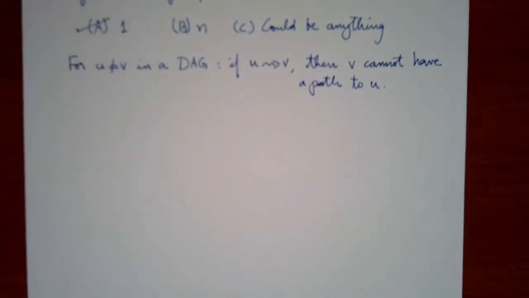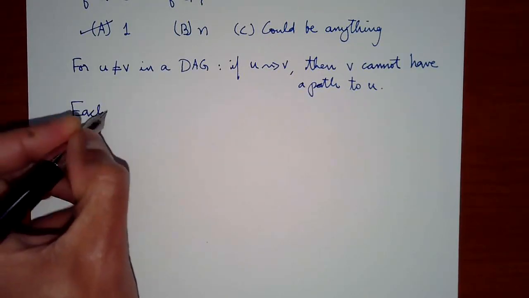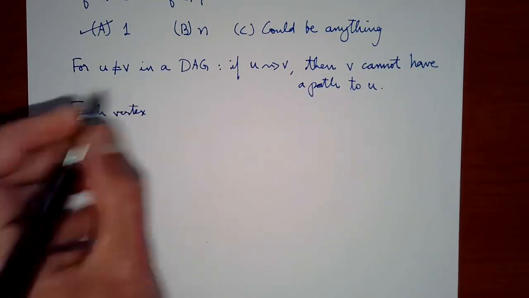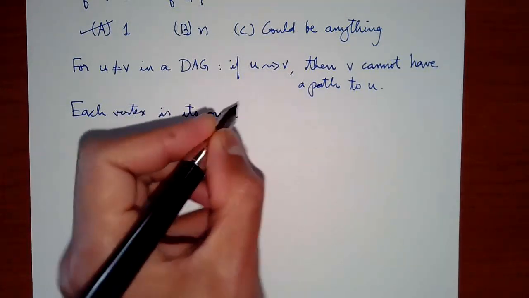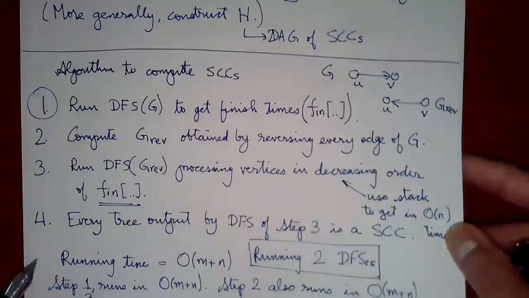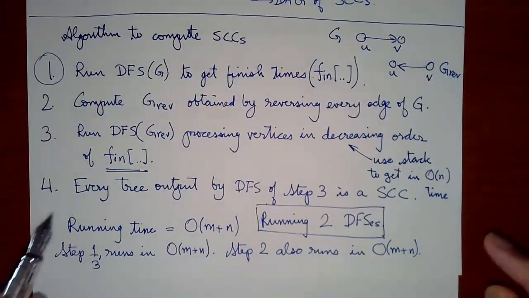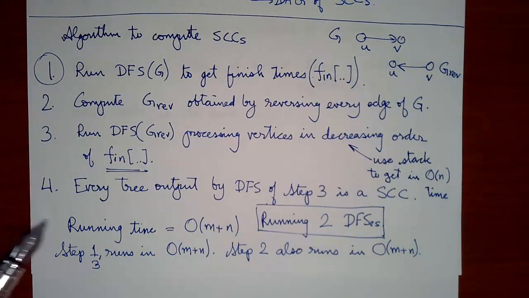So every vertex is its own strongly connected component. What we require in this algorithm is that we have to get all the vertices as singletons.